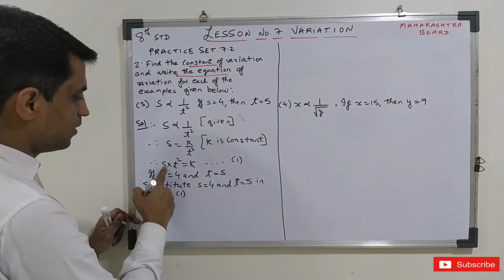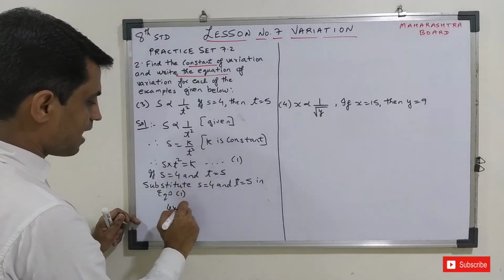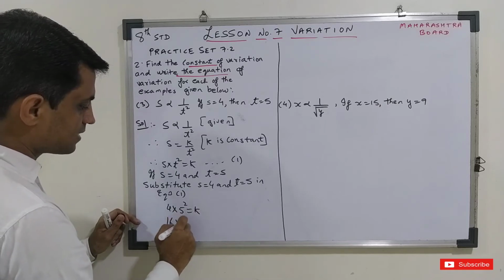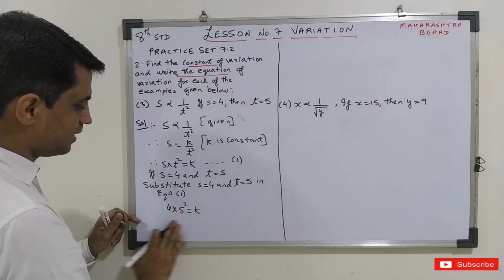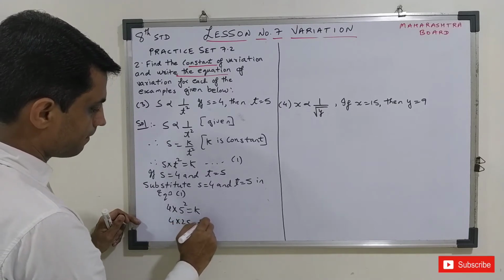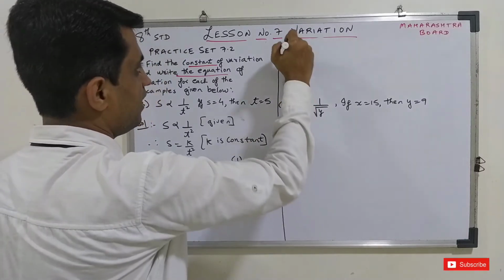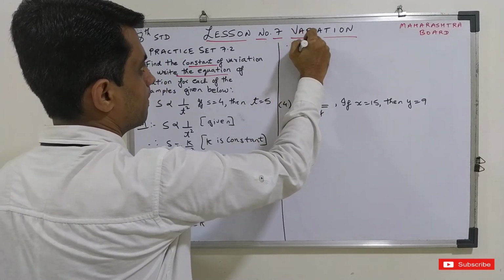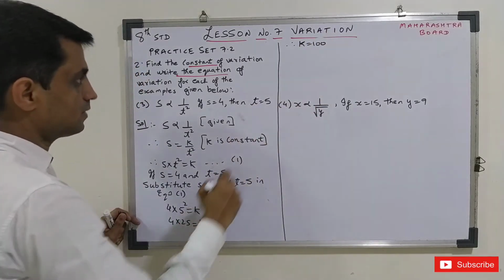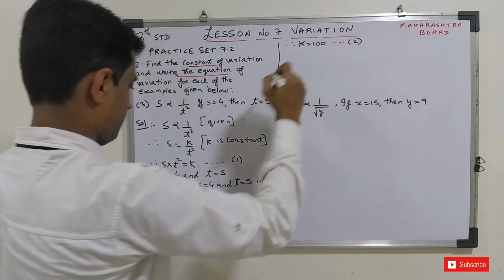Now let us substitute S as 4, t as 5, 5 squared. So you will get 4 into 25. What is 4 into 25? 4 into 25 is 100. Now this you will write as 2.